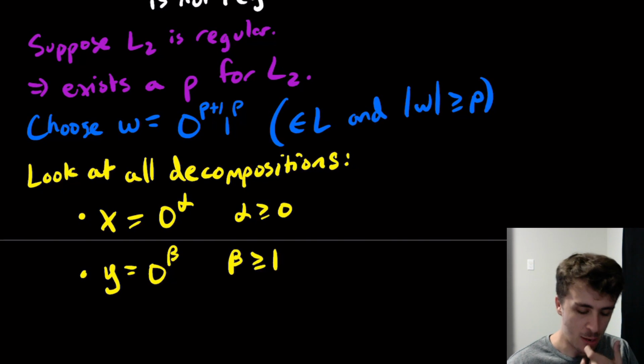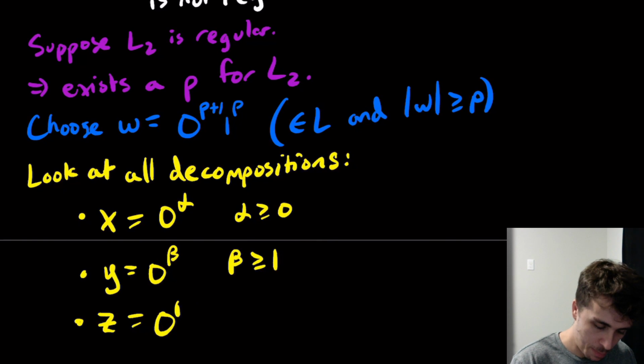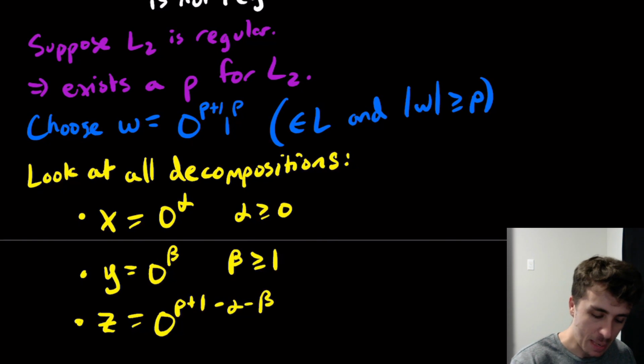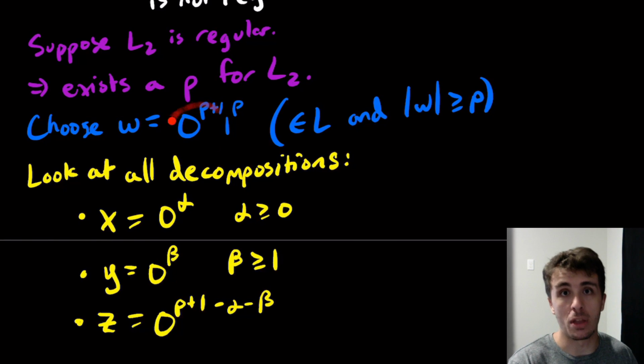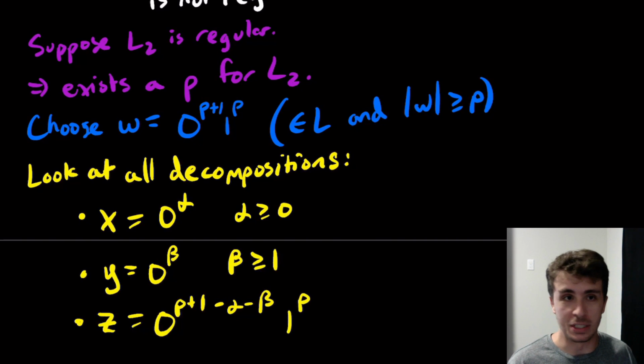Remember, it is at least 1. And Z is going to be slightly different. It's going to be 0 to the P plus 1 minus alpha minus beta, because here I started off with P plus 1 zeros, and then I have all of the ones still over there.